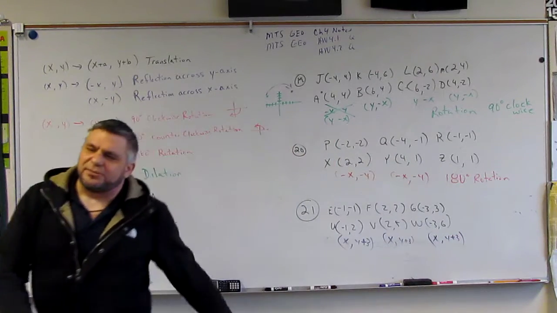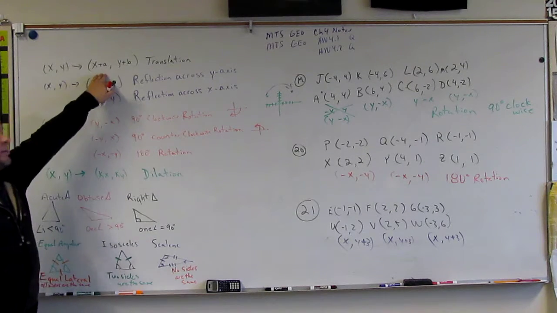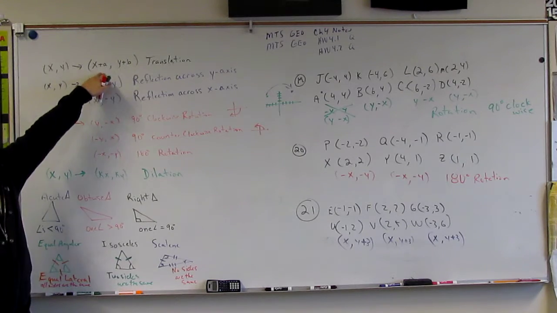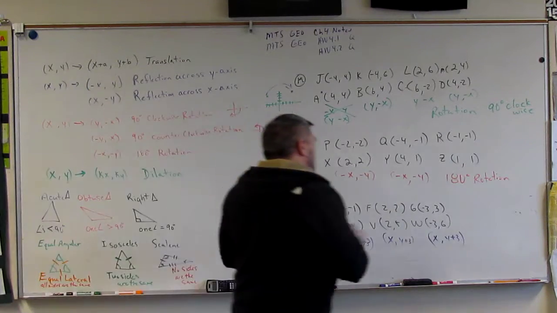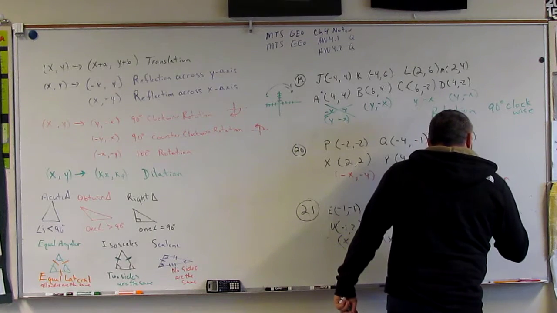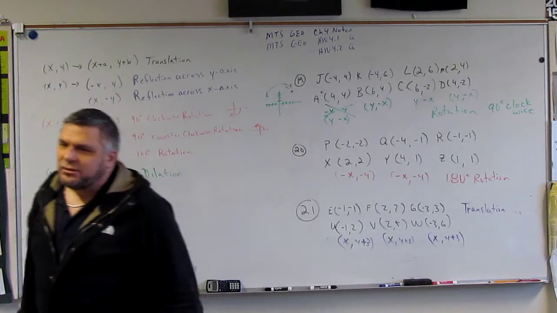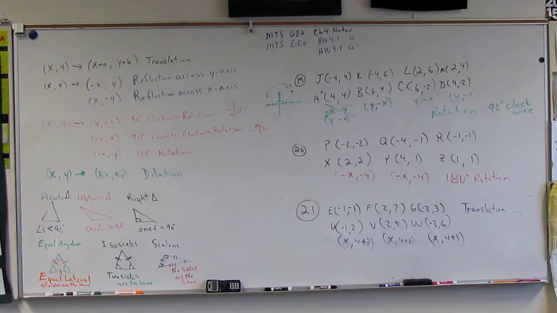So what kind of transformation is that? What's it called when we're adding? Translation. Okay? Translation. And to be more specific, is it going up, down, left, or right? The y, right?